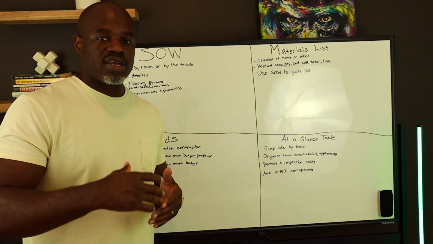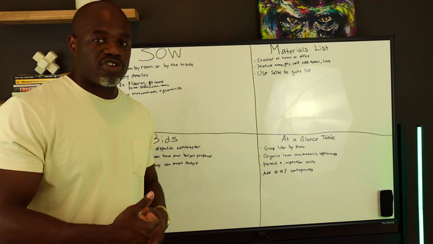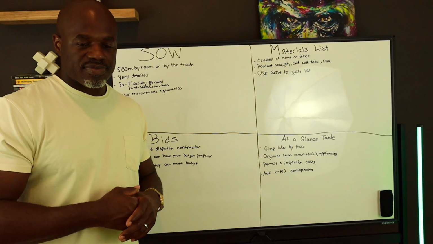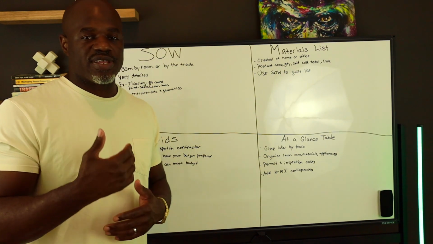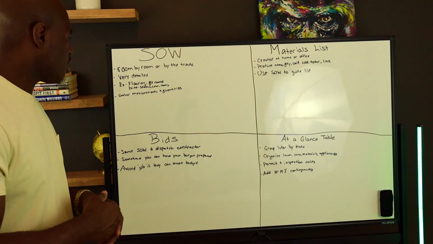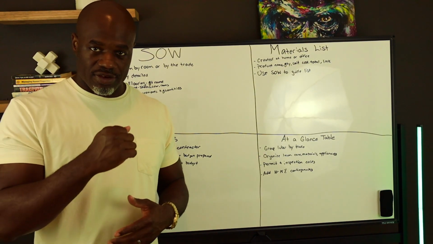Under electrical, this is what needs to be done. Under HVAC, this is what needs to be done. Under carpentry, this is what needs to be done. Under flooring, this is what needs to be done. And just do that for every tradesman that's going to be coming through your project. So that's your scope of work. Also, you want to be extremely detailed on the scope of work.